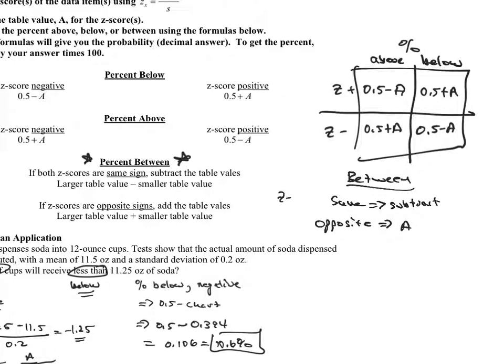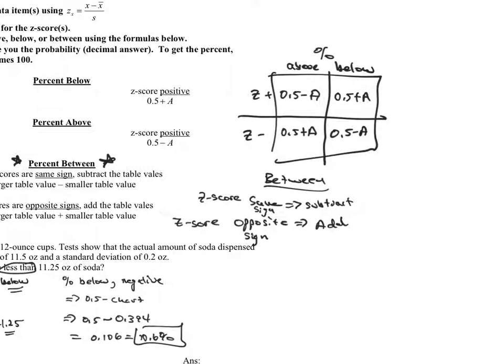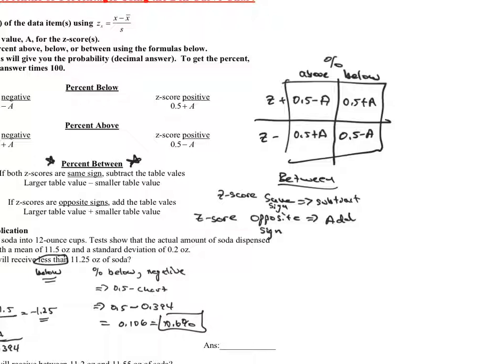So I'll just write z-score and z-score, same sign and opposite sign. If your z-scores are the same sign, you subtract. If z-scores are opposite signs, you add. So that would be my abbreviated version that I'd put on my note card. That's going to tell you how to answer every single one of those questions. Please, please, please add that to your note card.